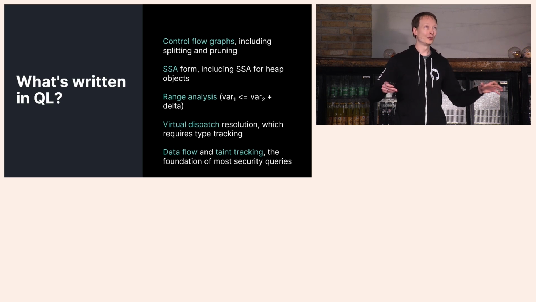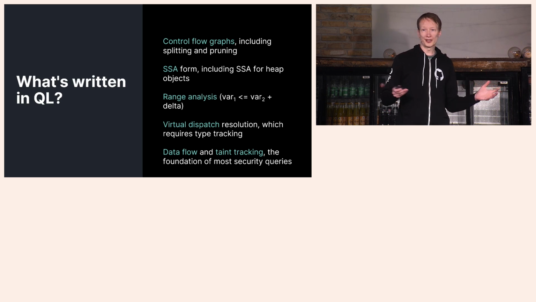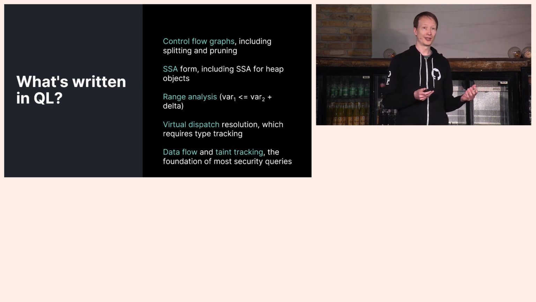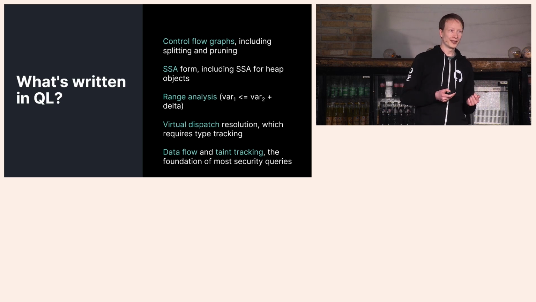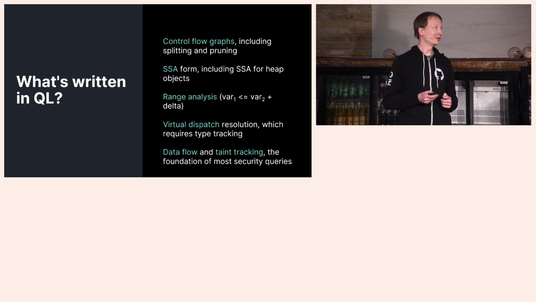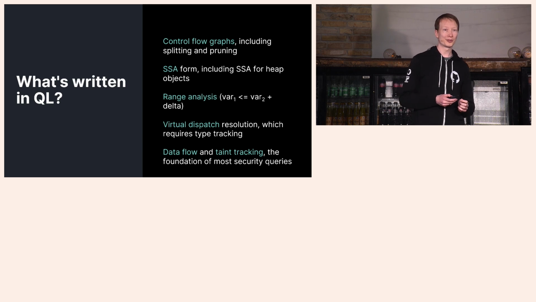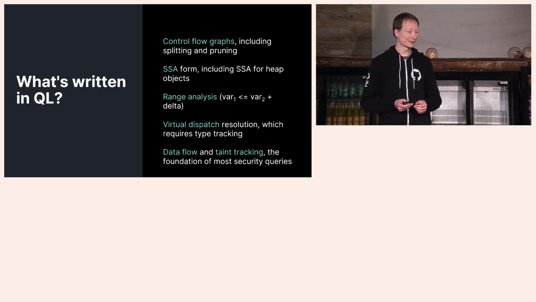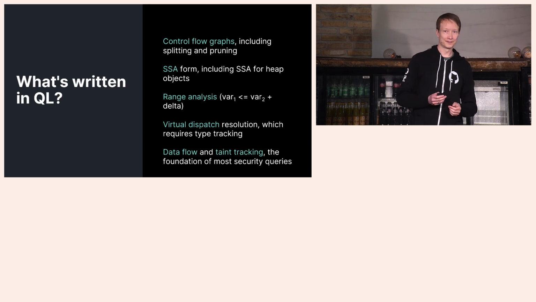And then we can compute things on top of that, like range analysis. And we can resolve virtual dispatch, which is very convenient to find out, like, you have a call to toString on object. Where does that go? Well, for that, we need to have tracked types through the program. And then on top of all that, we can build data flow and taint tracking, which is what you saw in the examples, all inside QL.